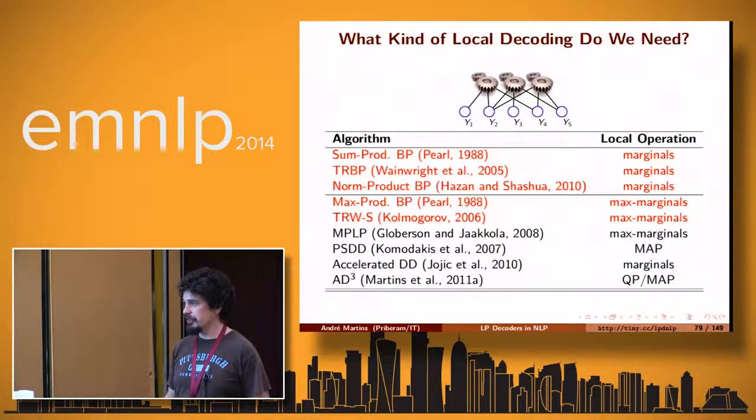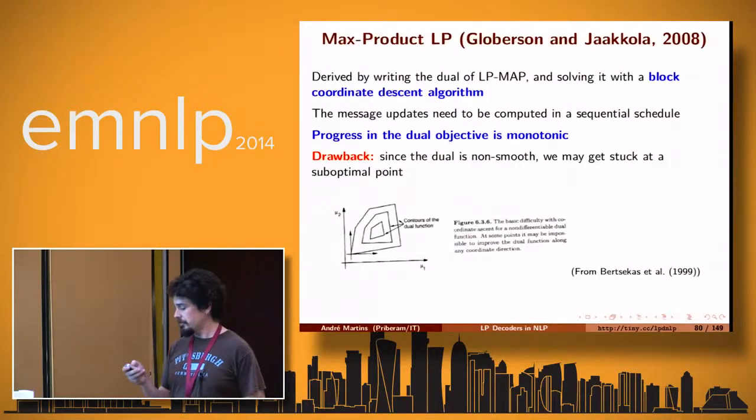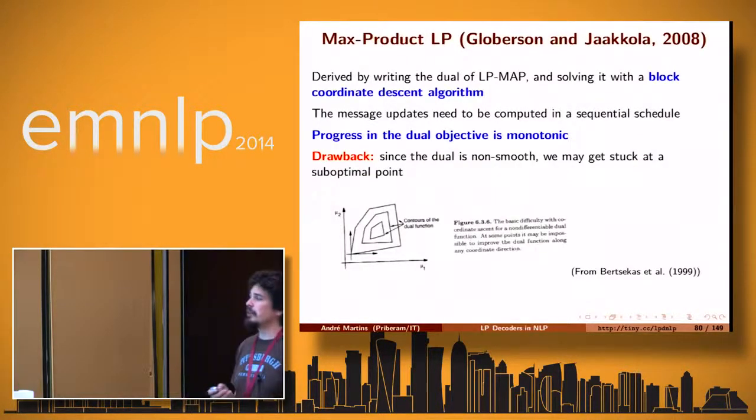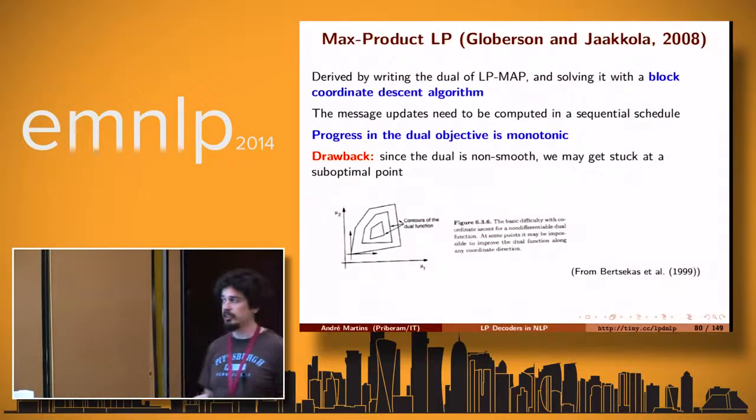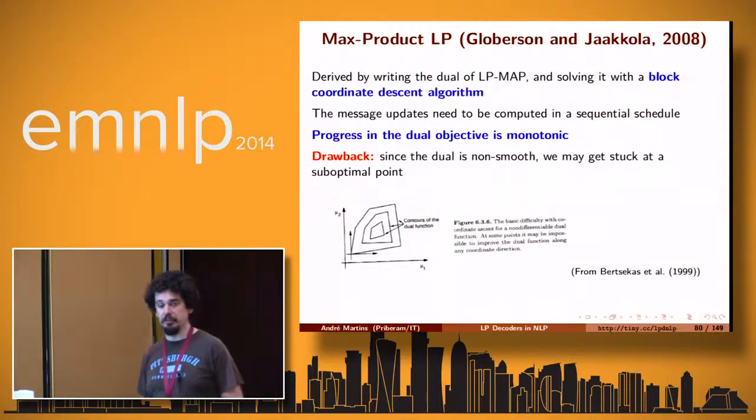Now let's talk about another algorithm called MPLP. This is derived by writing the dual of the LP-MAP problem, the linear relaxation, and then applying a block coordinate descent algorithm to solve this optimization problem.